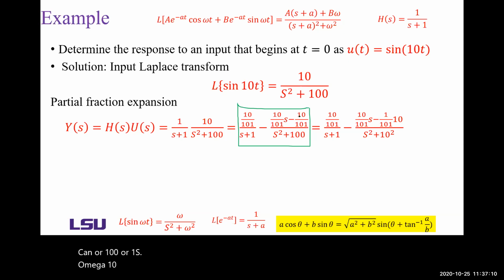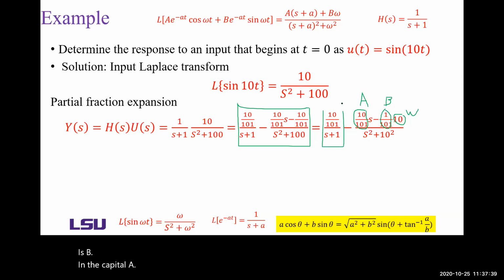So we write it as 1 over 101 times 10. So this will be omega, and here is B, and here is capital A.